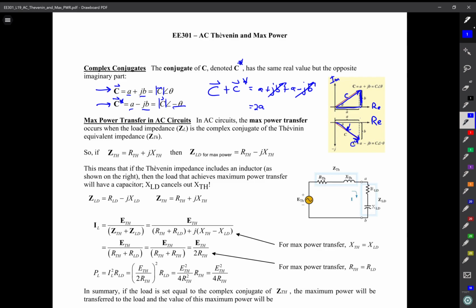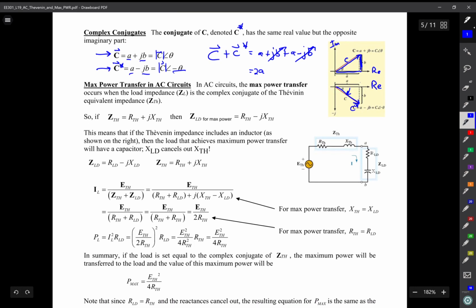So in the application of max power transfer in AC circuits, notice again that I redrew right here my Thevenin circuit, where my Thevenin voltage is here and my Thevenin impedance is shown on the top, Z Thevenin.